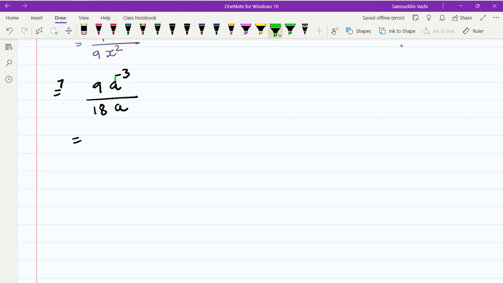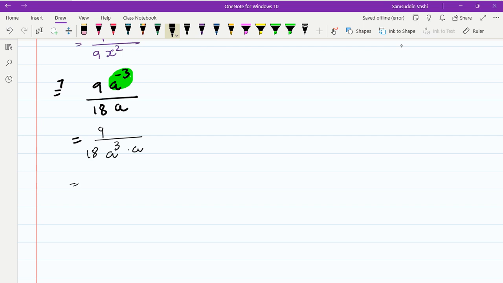Okay. Negative power. If you have a problem in changing the places, you highlight the base and the power where negative is there. Okay. So that you know you are going to change only that part in denominator. So the one which is not highlighted remains there. Okay. So what is it? 9, 18, and a.